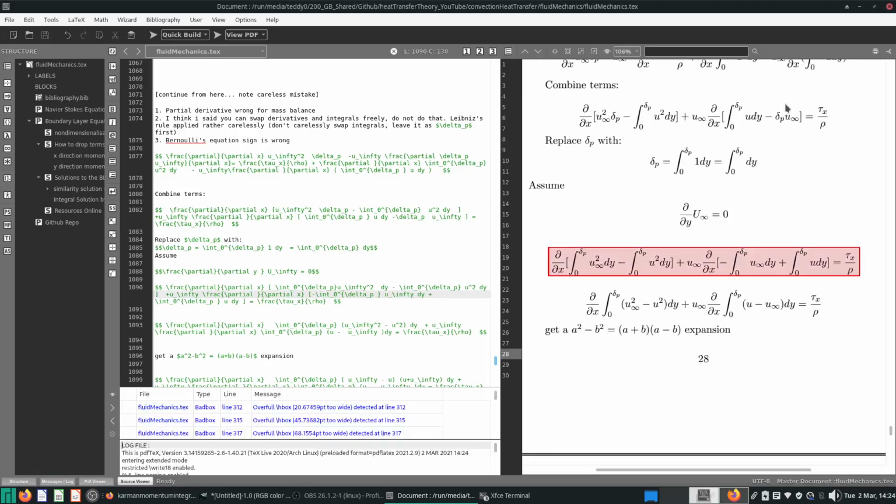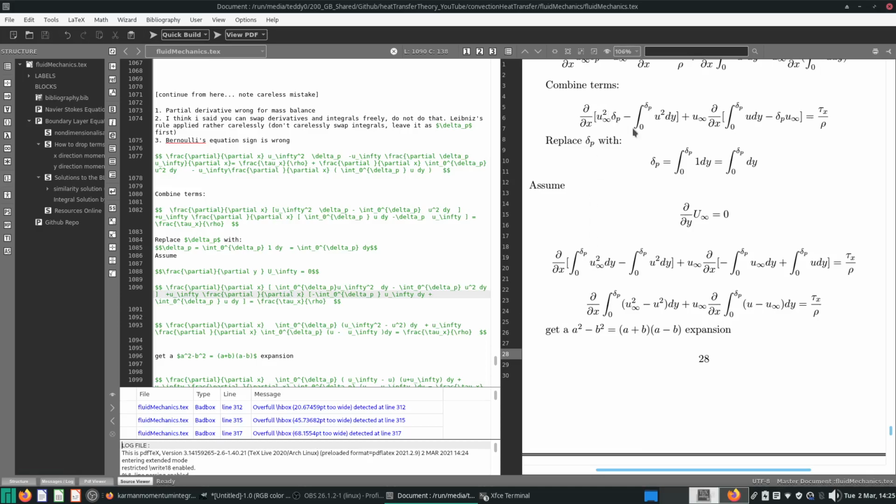I should be able to bring my u infinity into this delta p integral, because it's a constant, so it doesn't really matter. Likewise, I can do the same for this term over here. Delta p equals the integral of 1 dy. This u infinity squared is also constant with respect to y.